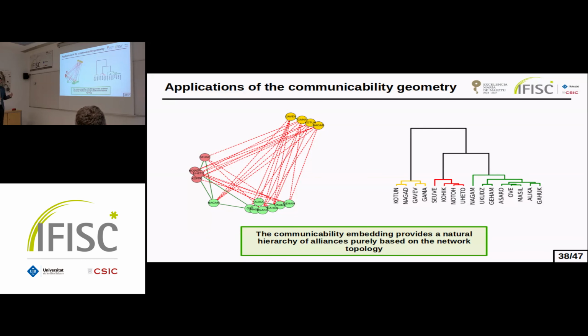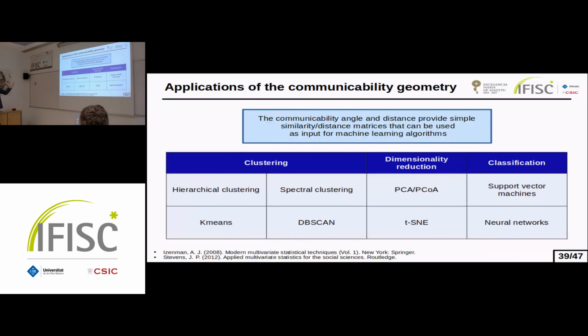So you may now raise the concern that I am using multidimensional scaling and hierarchical clustering, which are quite outdated and quite simple algorithms. But the good thing about this procedure is that we can use it with any dimensionality reduction algorithm or any clustering algorithm, because virtually every algorithm in data science uses either a distance matrix, a correlation matrix, or a similarity matrix as input.